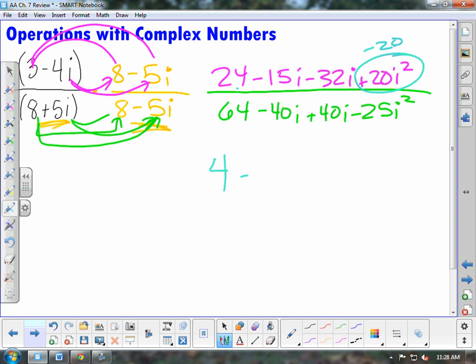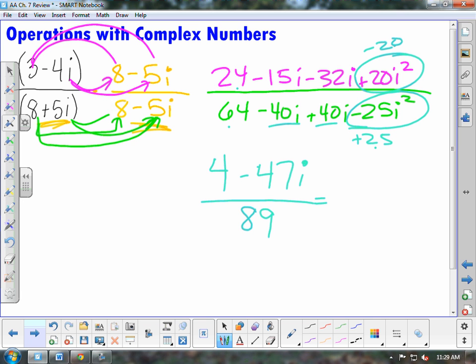And then negative 15 and negative 32 is negative 47i. And in the denominator, negative 25i squared becomes plus 25. So 64 plus 25 is 89. And negative 40i and positive 40i go away. And so we're left with 4 minus 47i over 89.